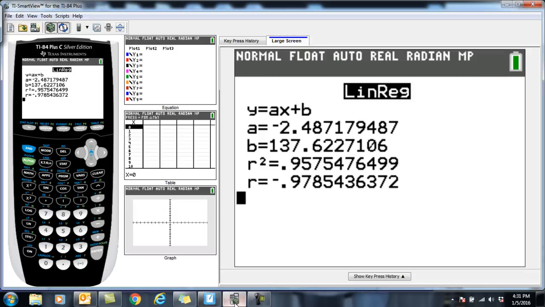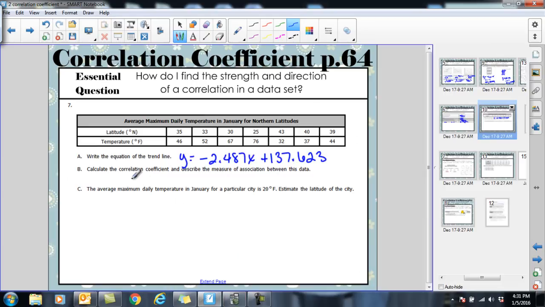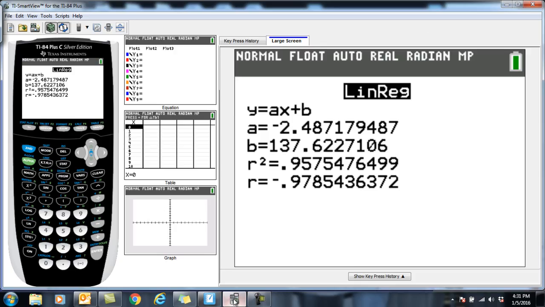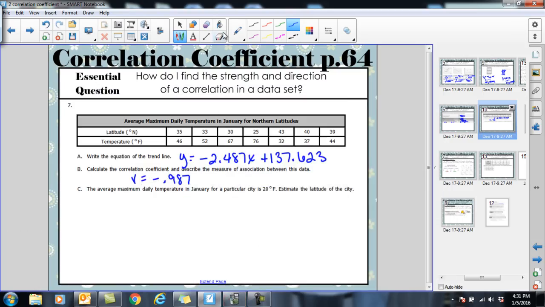So my correlation coefficient, R, is -0.978. Sorry, I did that backwards. And because it's negative, it means that I have a negative correlation and it's strong. So this line, if I were to graph it, would pretty much match the points on this.